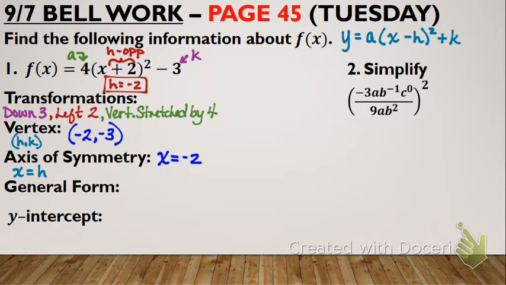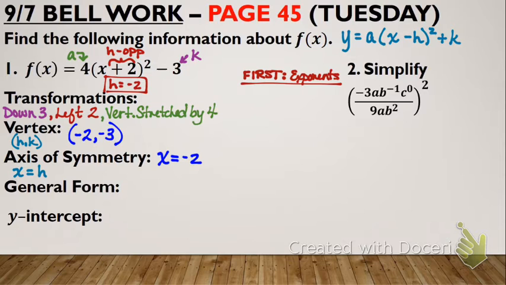For general form, this is the first feature now, or the first thing we've been asked to do, that you can't just look at the equation and get it. We need to follow order of operations. So first, we're going to do exponents. I know that in order of operations, parentheses comes first.